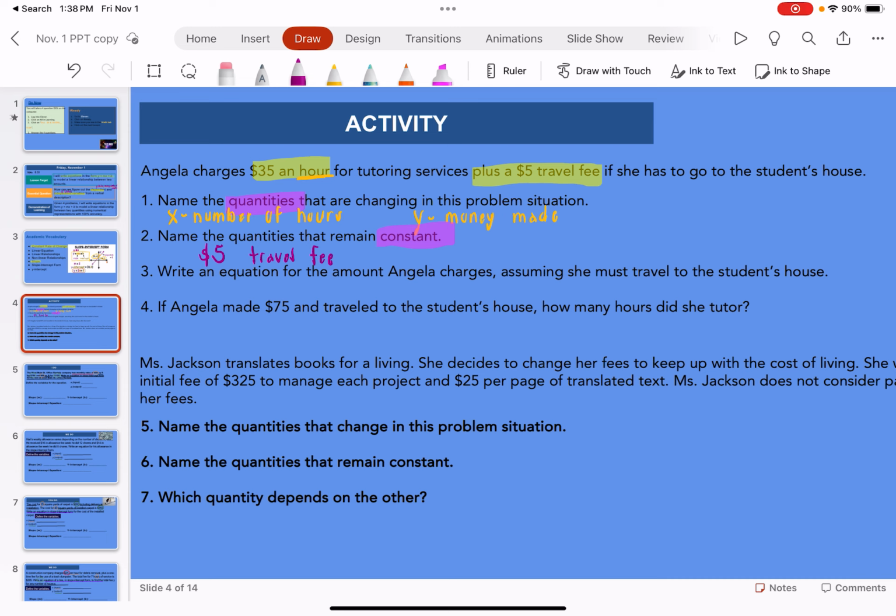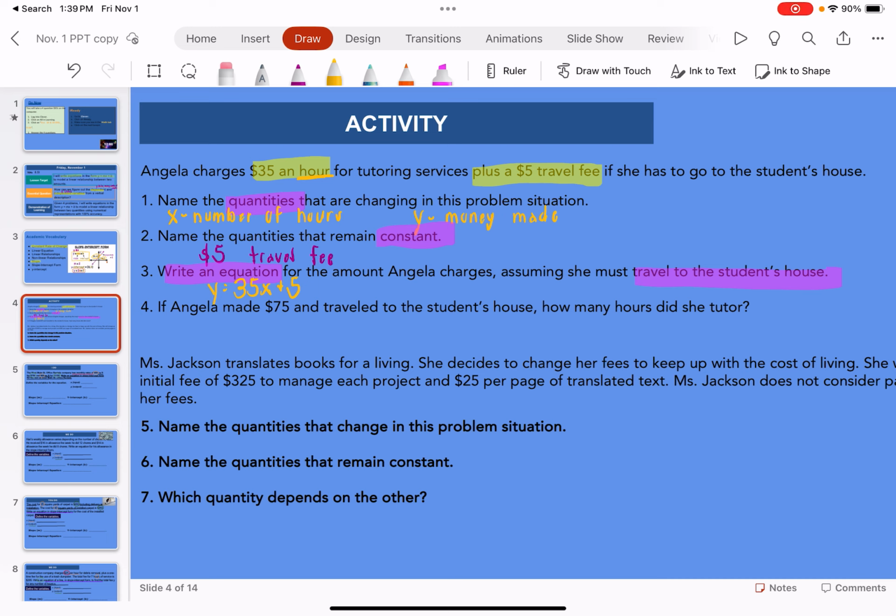Okay, so number 3, we have to combine the pieces of information, and it says write an equation for the amount Angela charges, assuming she must travel to the student's house. Okay, so what we're gonna do is we have y is equal to, we know that x is the number of hours, and we know that she gets paid $35 an hour, so it's 35x plus the travel fee, because in this case it says she travels to the student's house.